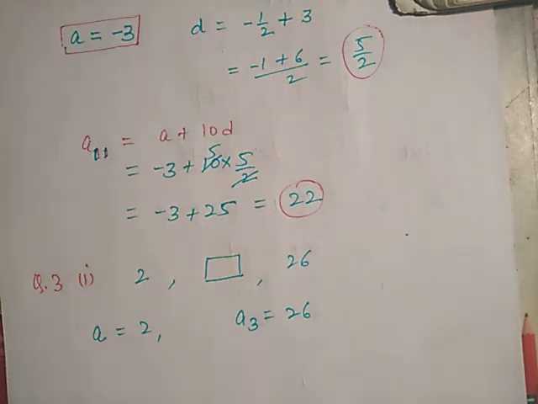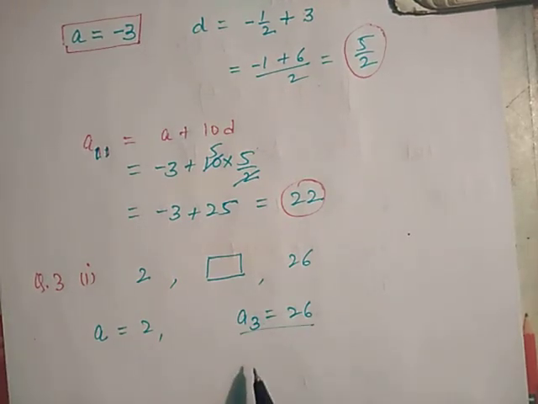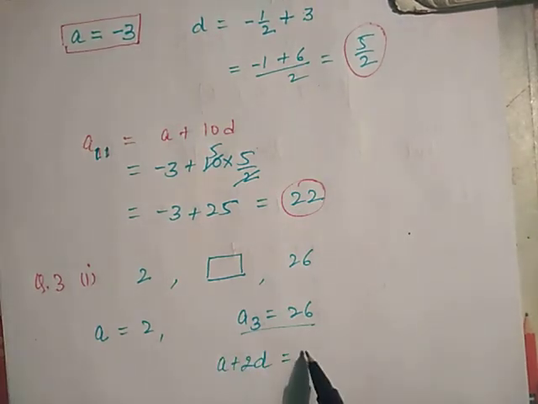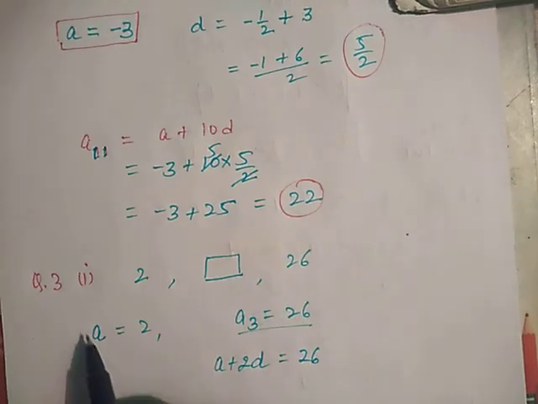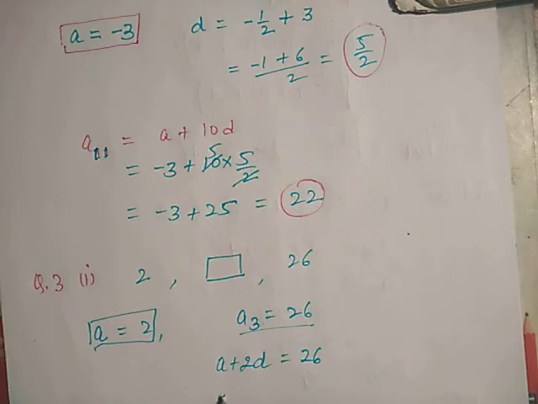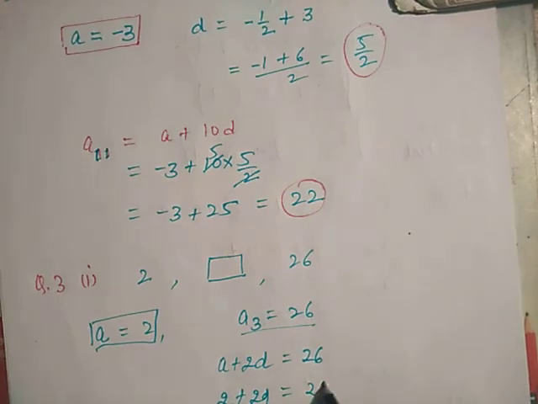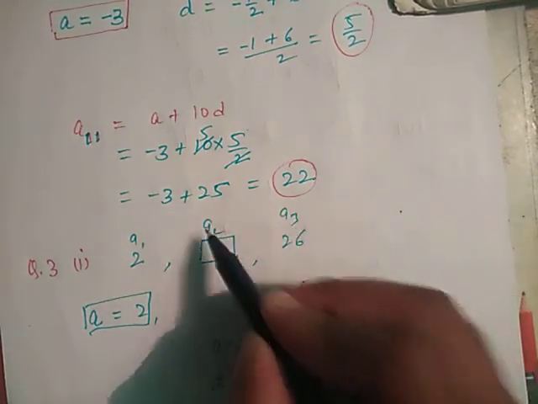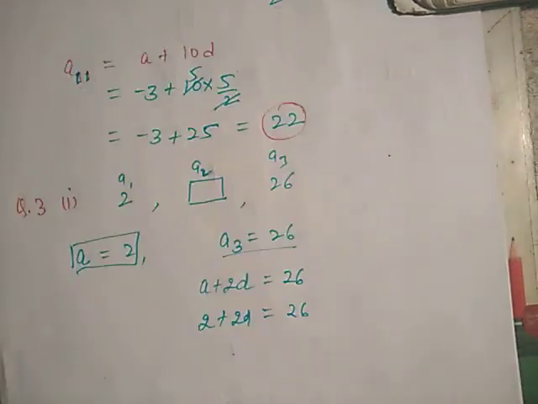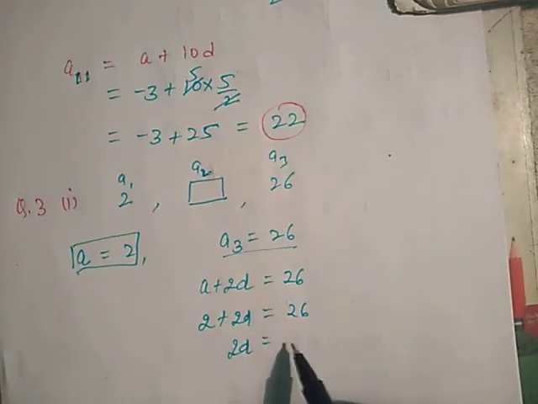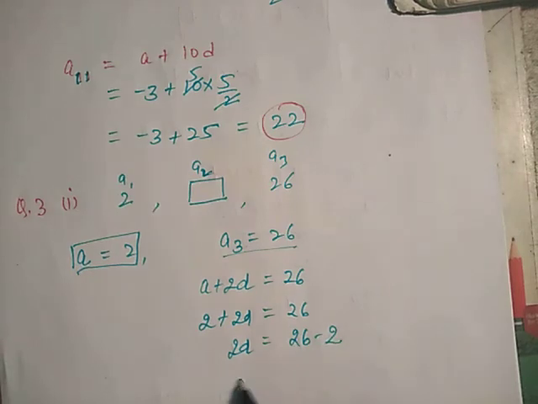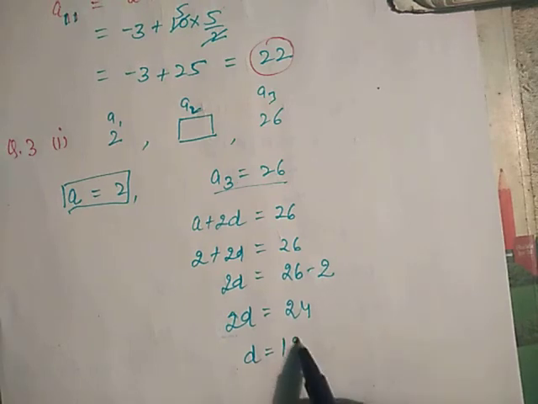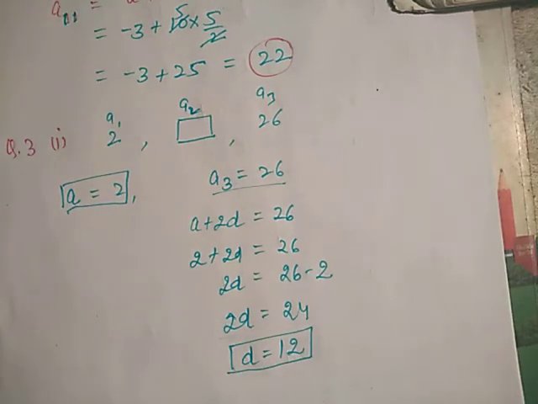So we can find the value of D from here, because A3 we can write as A plus 2D is equal to 26, but the value of A is clear from here, so we can put it here. 2 plus 2D is equal to 26, and this one is A1, this one is A2 and this one is A3. Okay, we have to find A2. So 2D will be equal to 26 minus 2, and 2D will be equal to 24, and finally the value of D will be equal to 12. You know, we cancel 24 by 2.